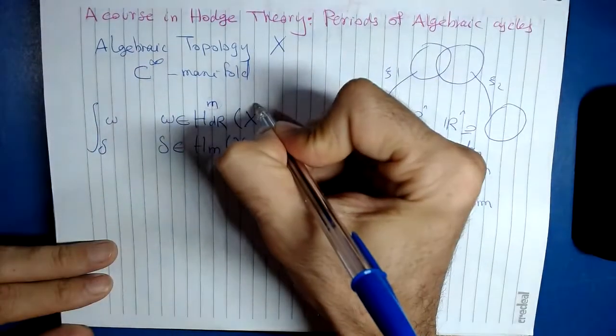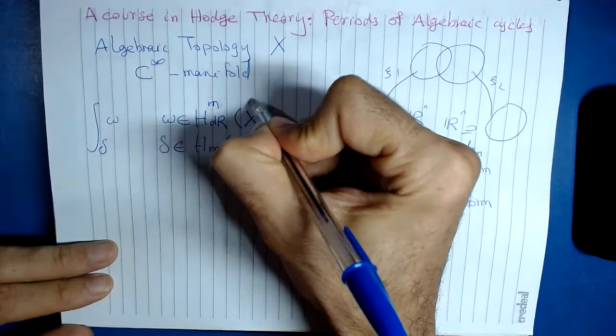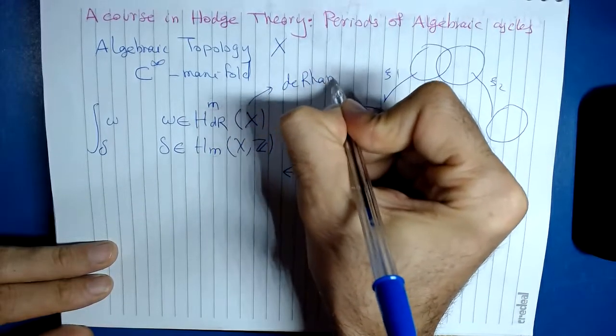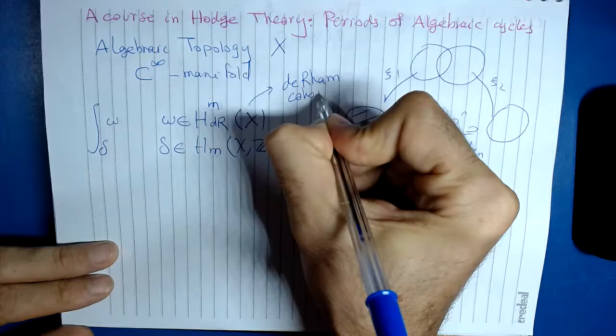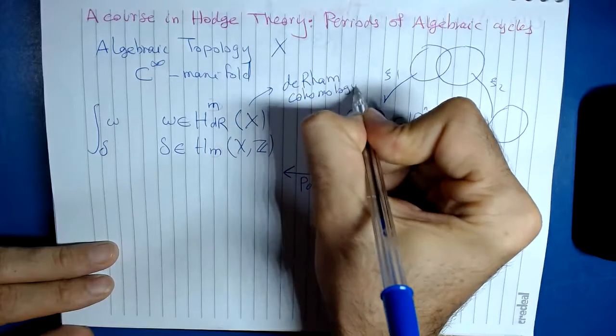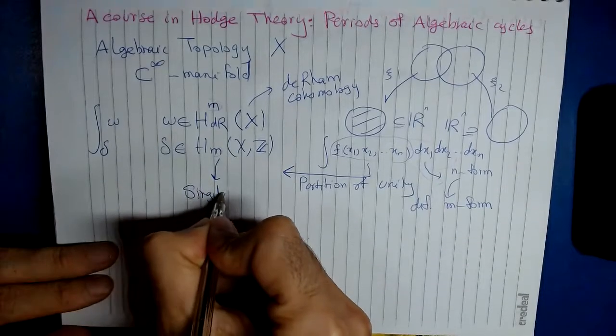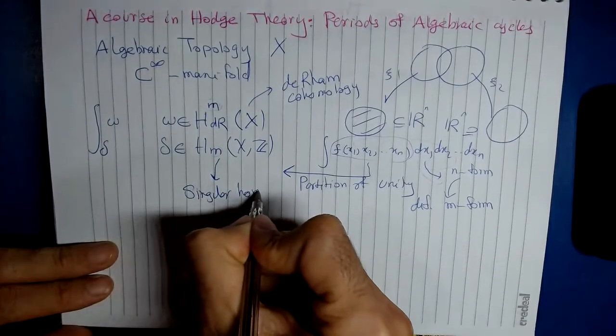So in the course of differential topology, we define this de Rham cohomology. And this one, singular homology.